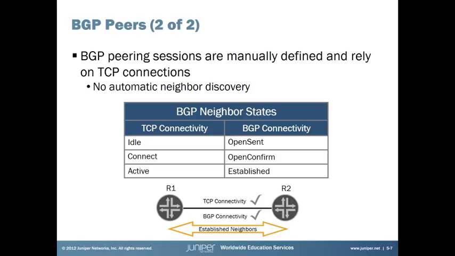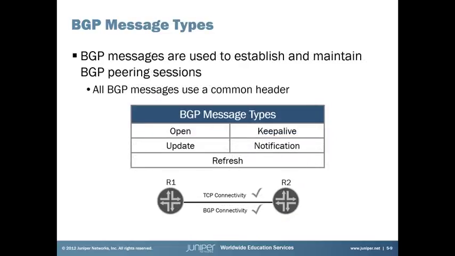Okay, so we've had a bit of a look at BGP. We've looked at our peering arrangements. What we're going to do next is take a look at BGP message types and go through the types of messages that BGP exchanges. These messages are used to establish and maintain the peering sessions.